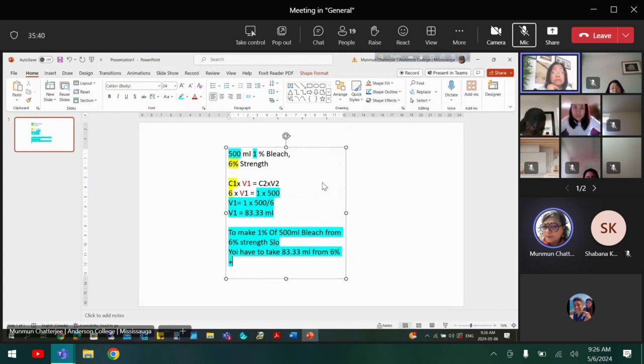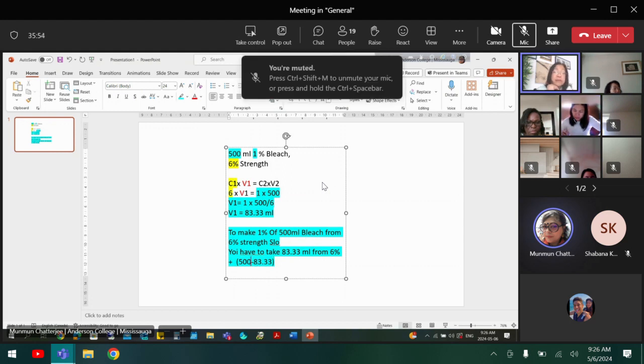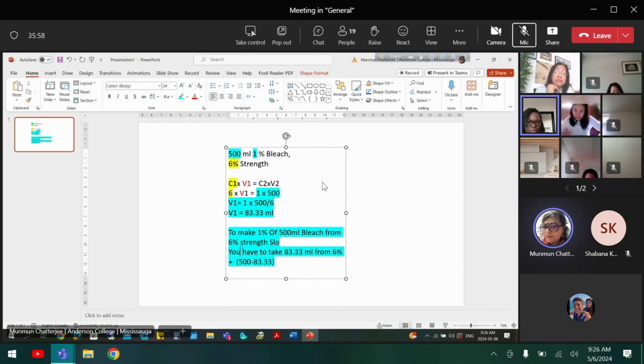Plus how much water do you need then? Our total volume is 500, right? Yes, ma'am. Is that clear? Yes, miss. So you have to take 83 ml from the 6%, which is the stock strength, and your total volume is 500.